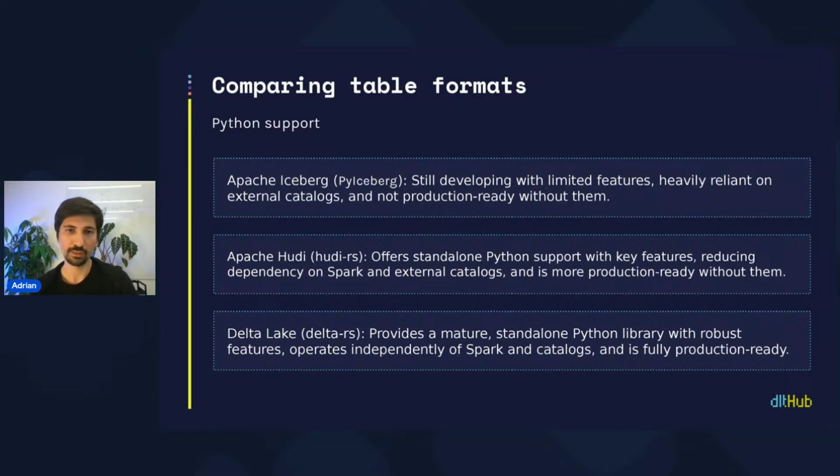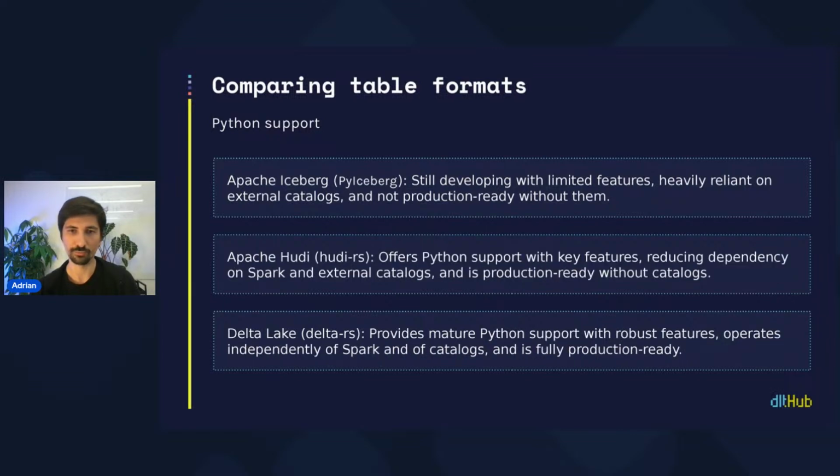For Hudi, we have Hudi RS. It offers standalone Python support with all the necessary stuff, reducing dependency on Spark or external catalogs, and it's quite production ready. And then we have Delta Lake with Delta RS, which is actually quite mature, a production ready way to use table formats without Spark or catalogs.